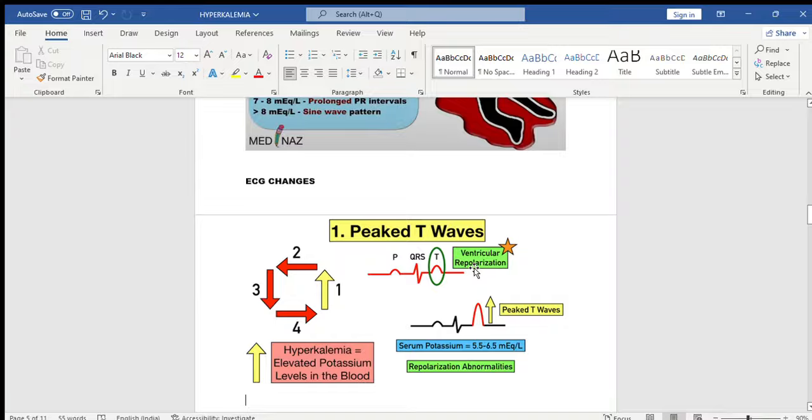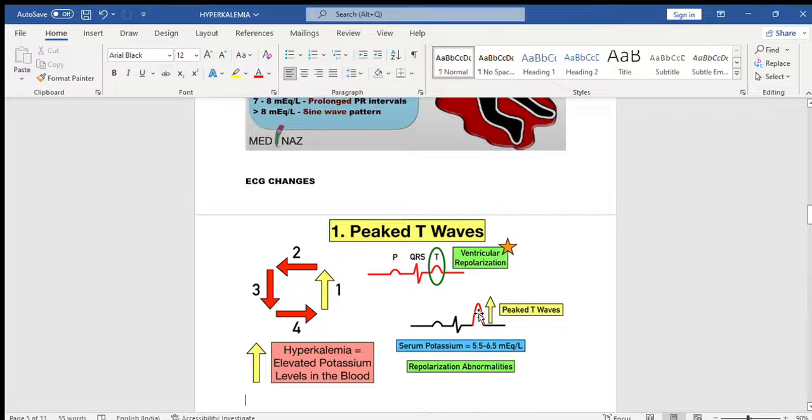Repolarization, remember, we said is the cell losing its positivity and coming back to negativity. Well, what happens when there is an excessive amount of potassium? More potassium, more positivity. So the repolarization will take a longer period of time because you have more positive charges. As a result, you have tall T waves, and these tall T waves are seen at 5.5 to 6.5 milliequivalents of potassium.